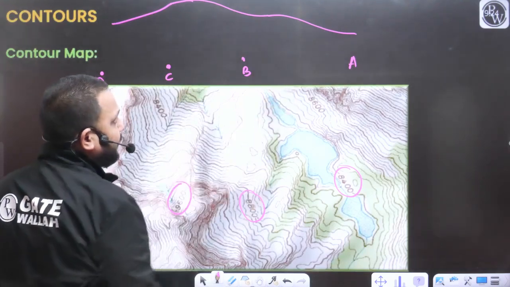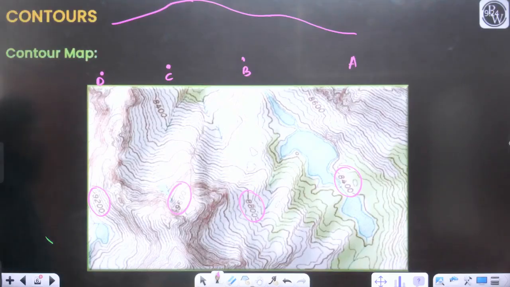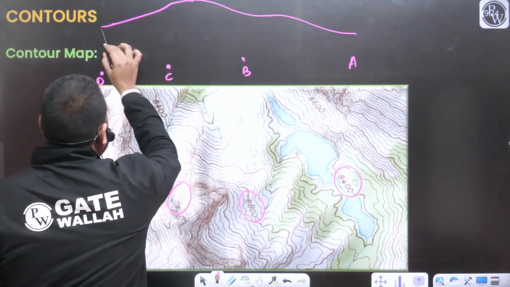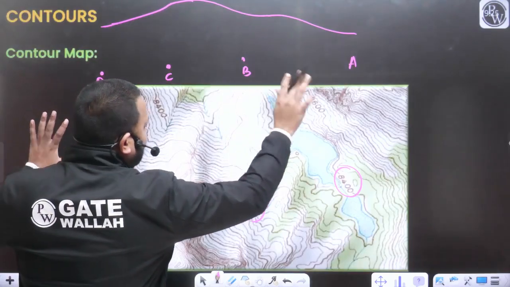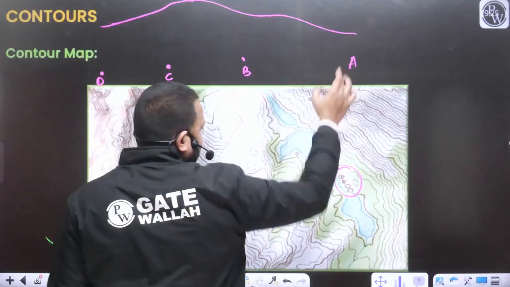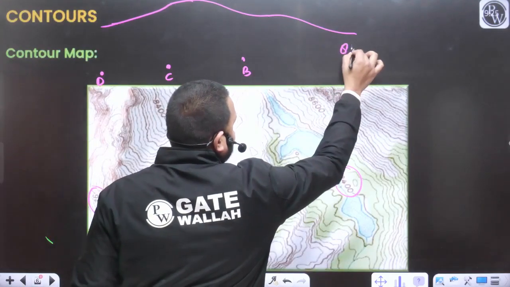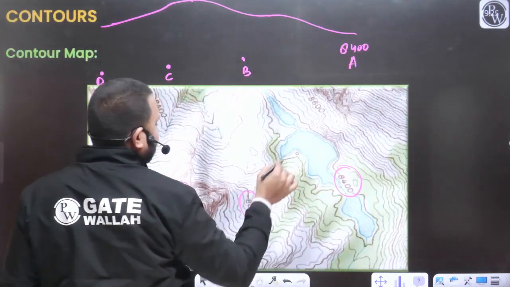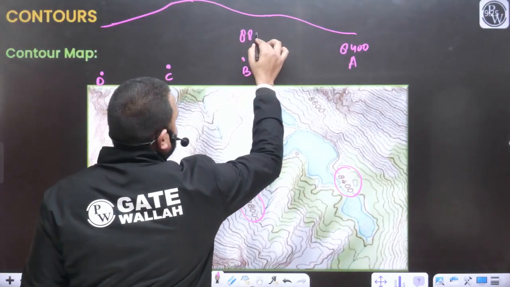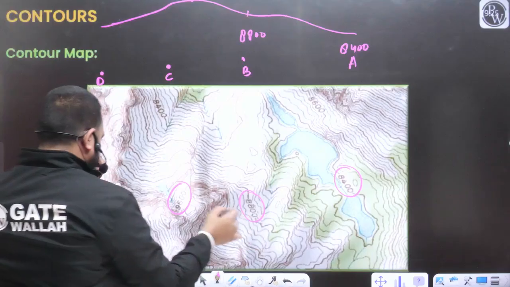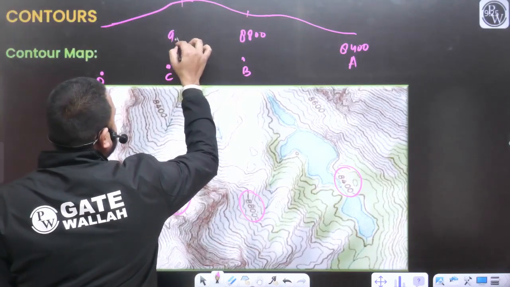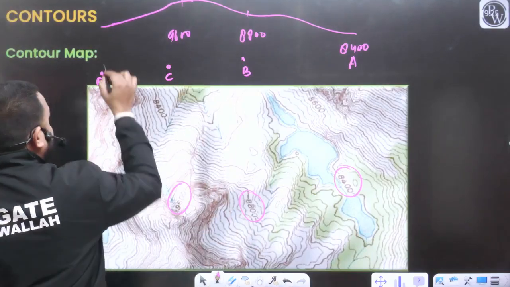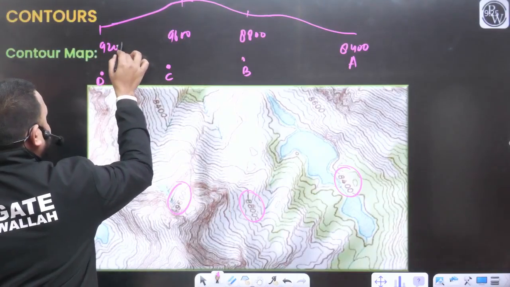This is going to be the profile, something like this. At point A the elevation is 8400, at point B it is increased to 8800, at point C it is increased to 9600, and at point D the elevation is reduced to 9200.